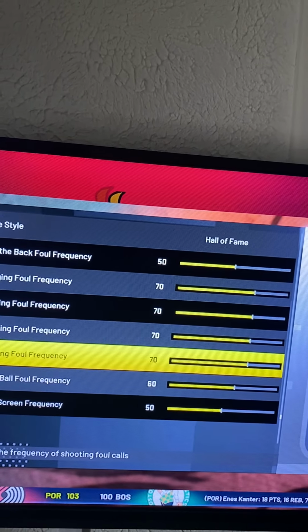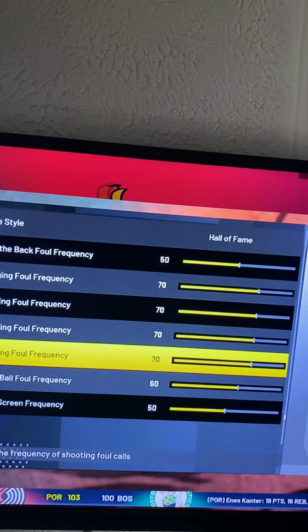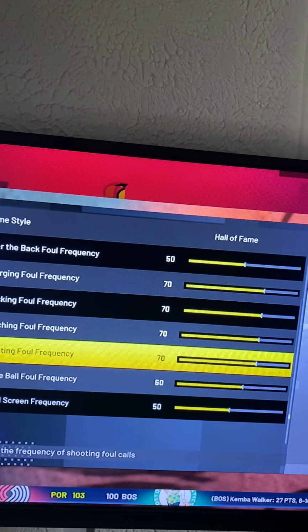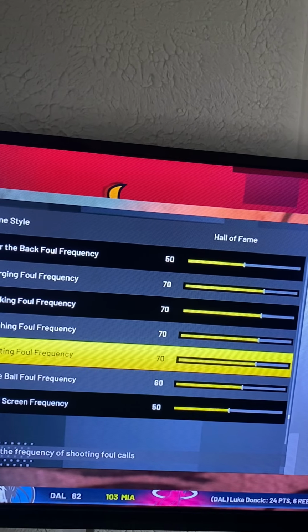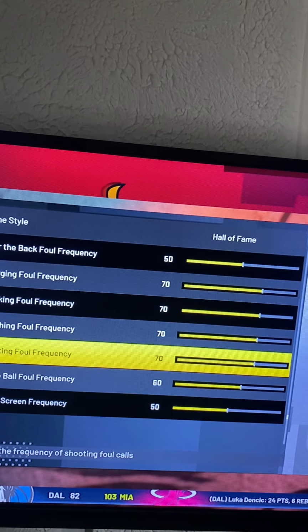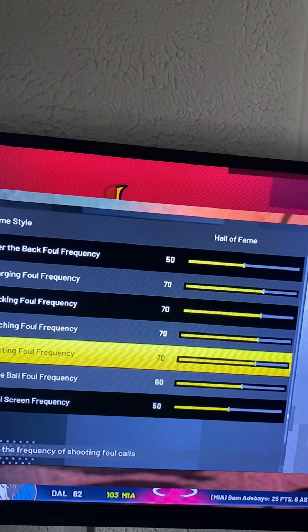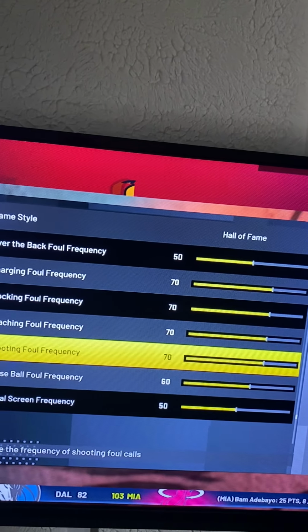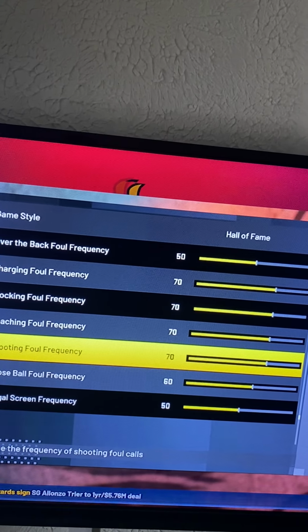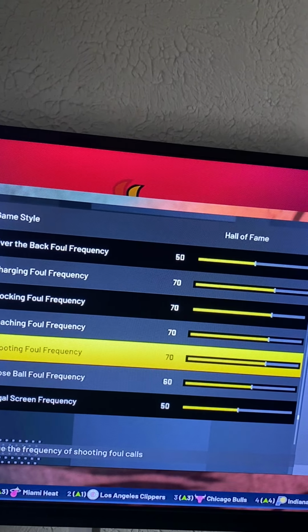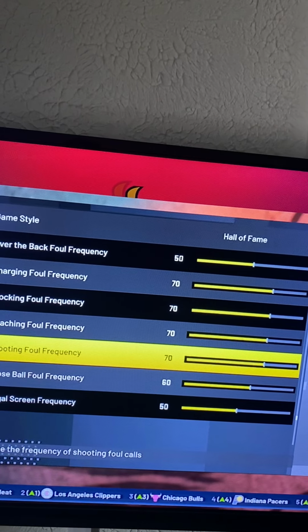This is the reason why, when you're driving to the basket, instead of driving, he would shoot a jump shot instead of laying the ball up. But not only that, if you like to play the center position like me, I'm always using the center. And when I go to set a pick, the AI on this game is so stupid.